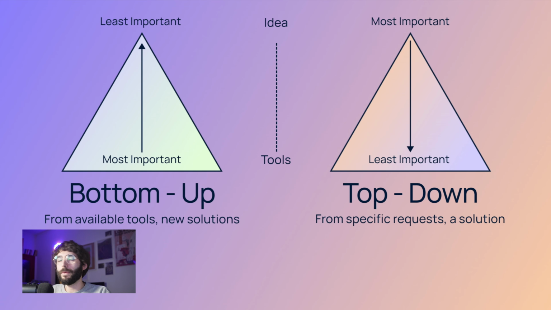And that's very similar to a concept in design, which is top-down design. In the top-down design philosophy, the important thing is that everything you do is for that core idea and reflects that core idea. So in our case, from a specific request, you need to find a solution based on the tools you have available. But again, what's important is the idea. It's not whichever tool you end up using or how you end up using them.